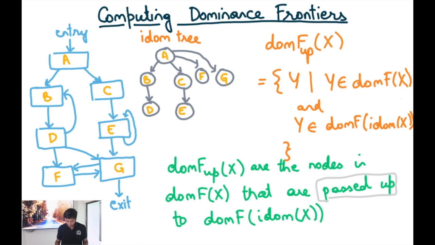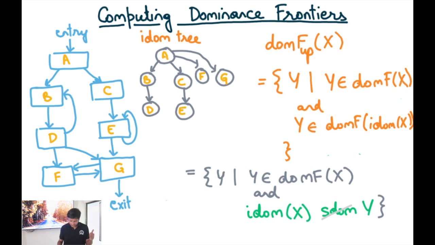So domF up are the nodes in domF X that are passed up to the domF of the parent of X. Okay, so in other words, this is the set of all nodes Y such that Y belongs to the dominance frontier of X, and the immediate dominator of X does not strictly dominate Y. Now, I'm saying that these two sets, the set that I've written in gray here and the set that I've written in orange here, are the same thing.